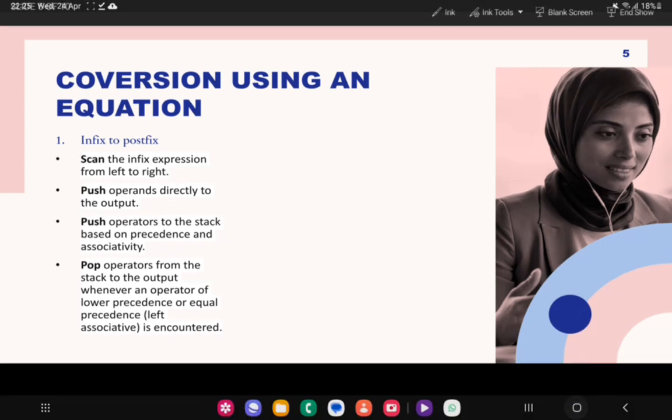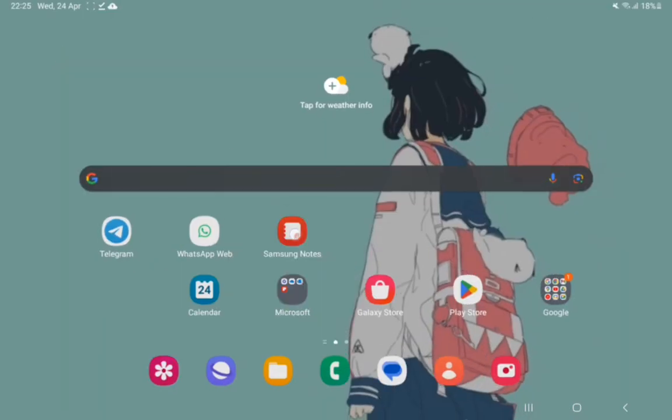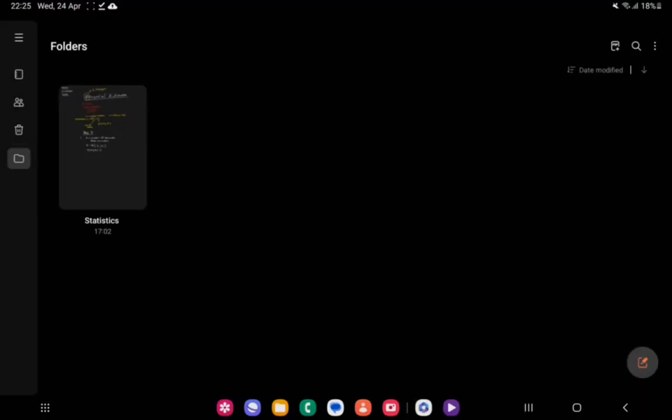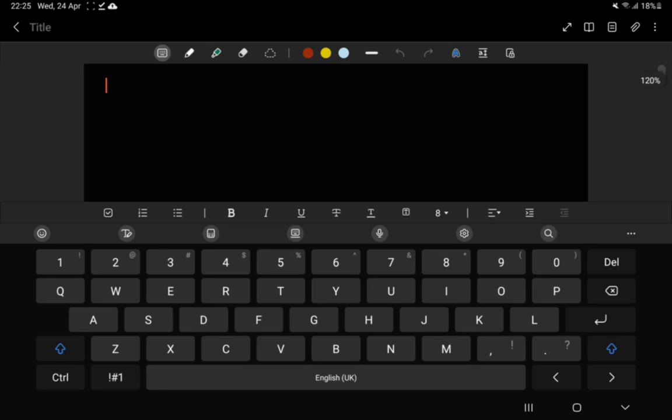So let's get some example. I will give some example for this. We go to the note first. We make a new note. Firstly, this is about infix to postfix, right? So we write first infix to postfix.